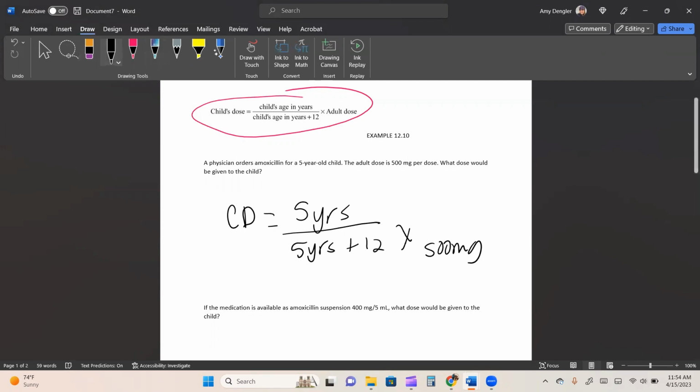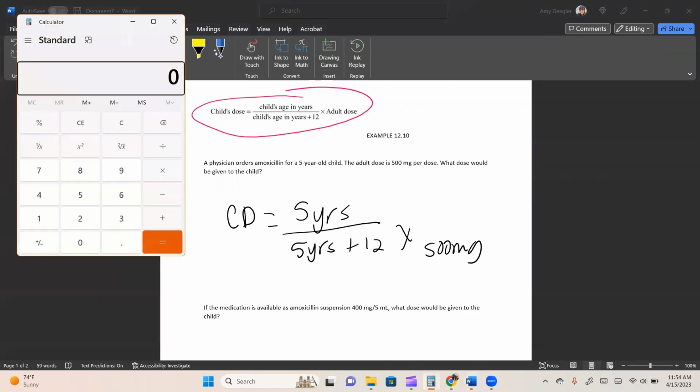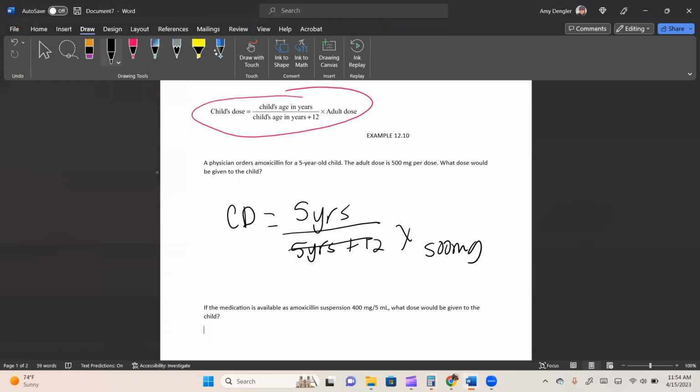All right, so now we can do our calculations. We're first going to take care of that. 5 over 5 plus 12 is 17. So I'm going to cross that out. That's now 17.